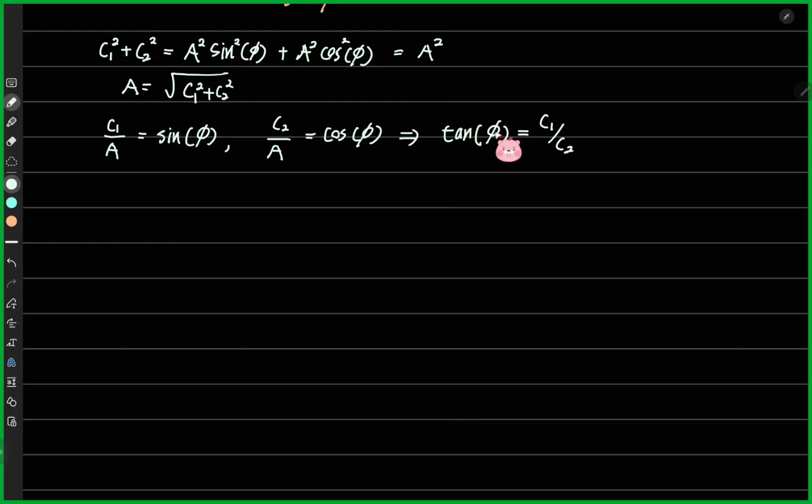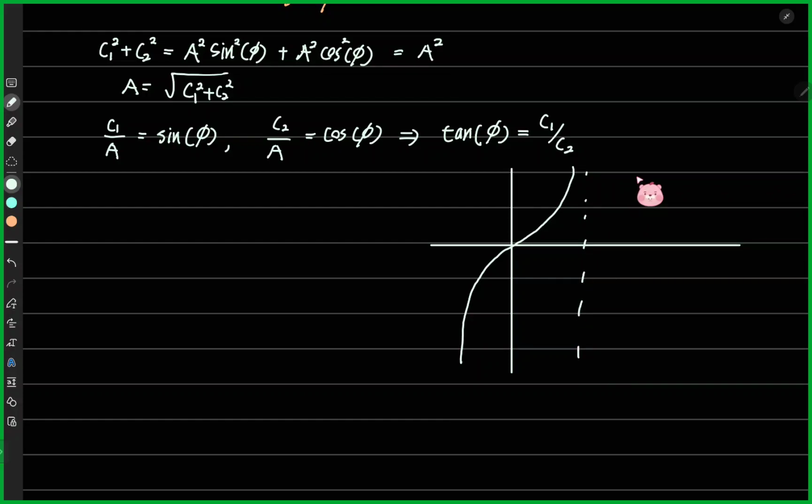Because we want to find phi using C1 and C2, but phi is an angle. So the graph of tangent looks like this. Even though we figured out C1 and C2, we don't know which exact angle, because for this value, say C1 and C2 are over there, there are not just two but multiple angles, right?